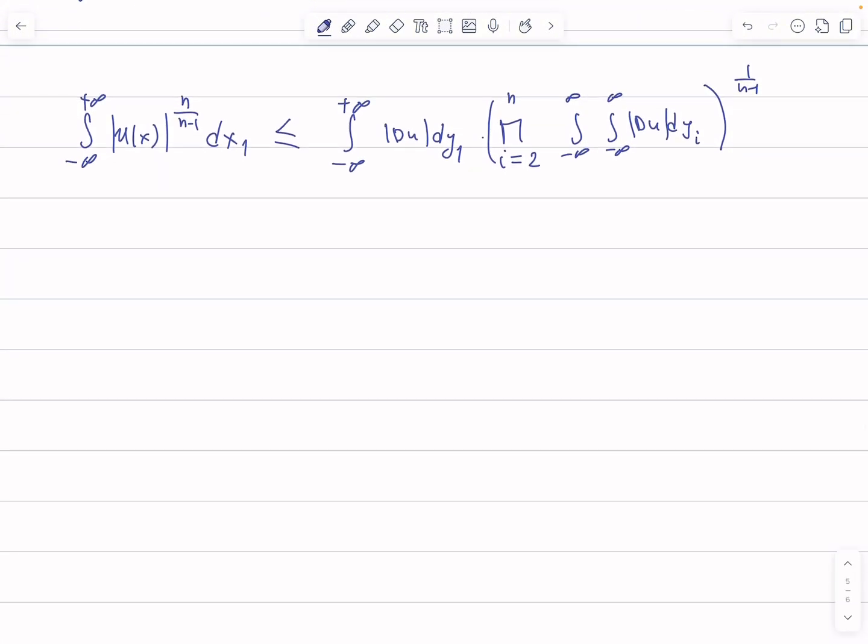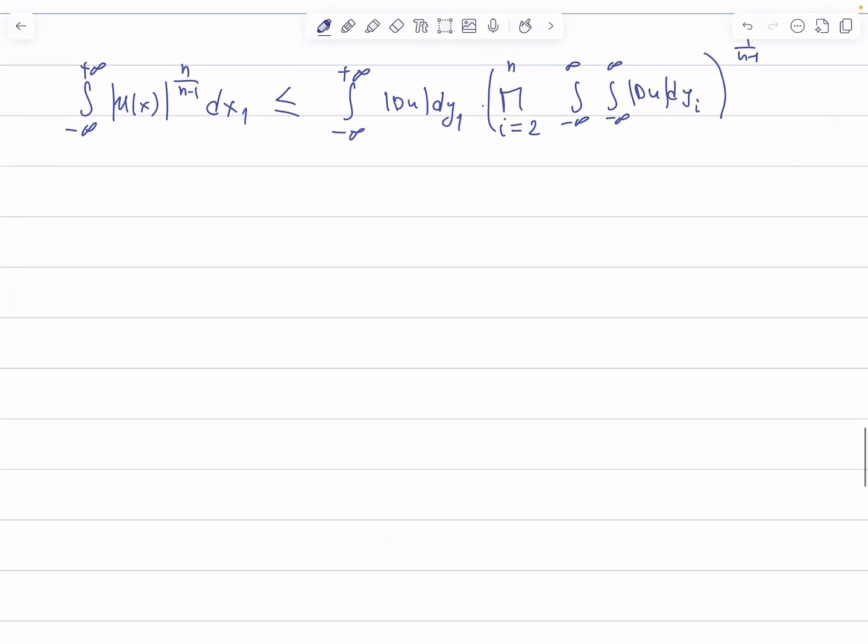What we should do next is take the integral again with respect to x2 of u(x) to the power n over n minus 1 dx1 dx2.